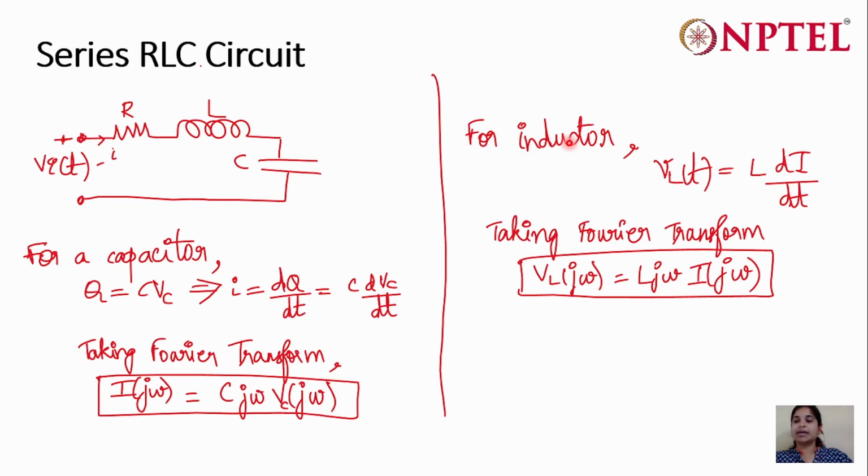For an inductor, we know that the voltage across the inductor VL of t is L into di by dt. Writing it in its Fourier transform, VL of j omega is L into j omega into I of j omega.